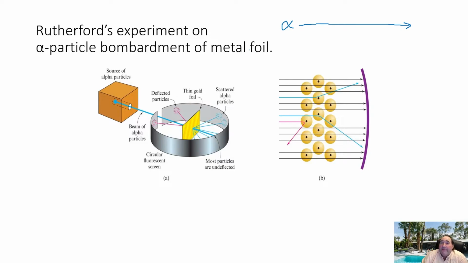They went through undeflected, just kind of sailed right through. But they did notice something kind of interesting. Every so often, boom, we would have these alpha particles bouncing off at these large angles, maybe even heading back to the source of where it came from. So this was very surprising.